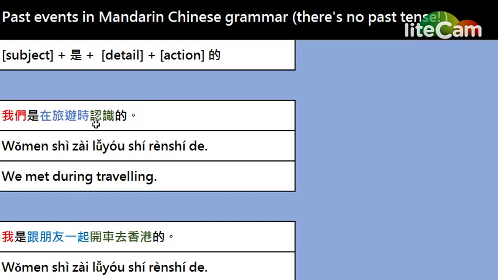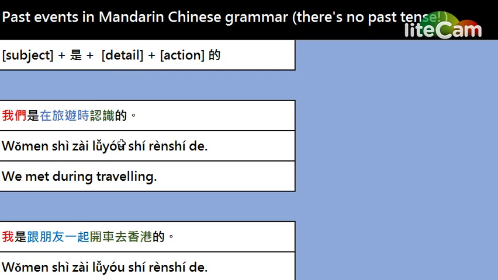For example, 我们是在旅游时认识的. Here, this structure is used to emphasize 在旅游时.